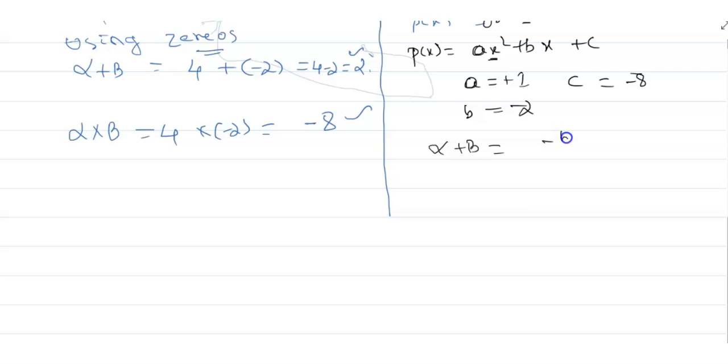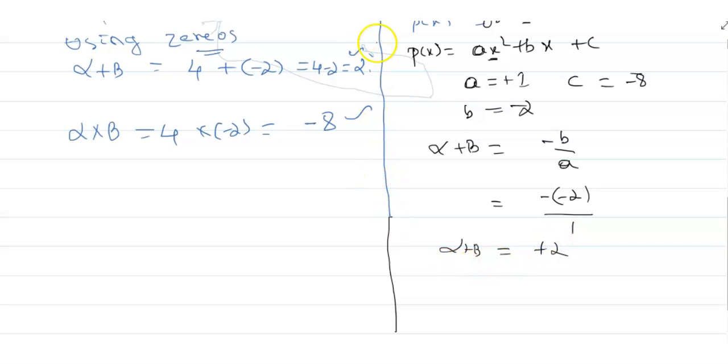We know that the formula is minus b upon a. So here alpha plus beta is equal to, what is the value of b? That is minus 2, that is minus b, in place of b minus 2, upon a. What is the value of a? That is 1. So alpha plus beta is equal to how much are you getting here? Minus into minus, plus 2.